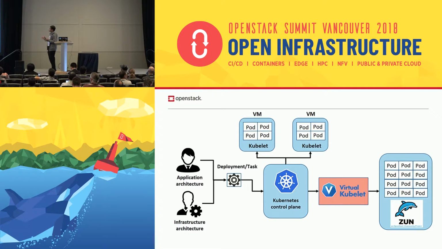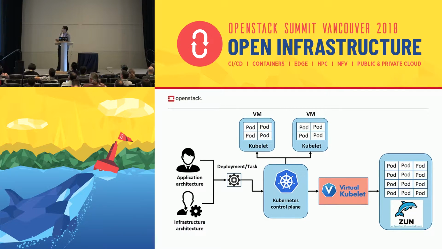So application users or infrastructure users could deploy tasks with the Kubernetes control plane to the Kubelet node. Also, thanks to the virtual Kubelet project, they could deploy the pod to the OpenStack container service Zun or other container services, such as ACI and Fargate.